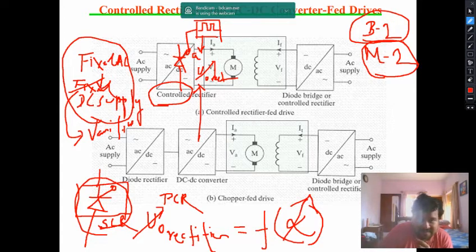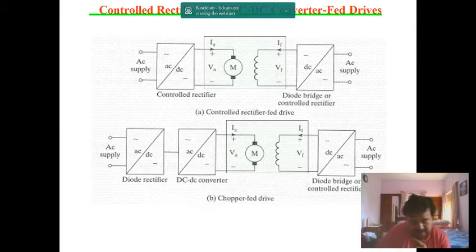So as this V0 is a function of alpha, let us do a recap again. In the previous lecture, what was the speed?